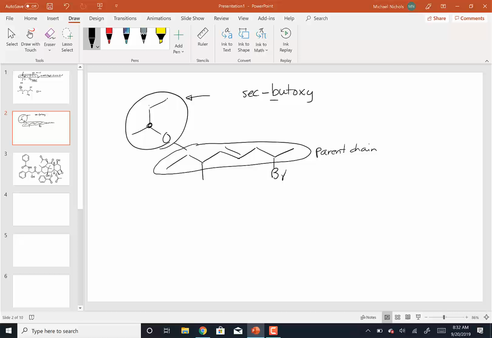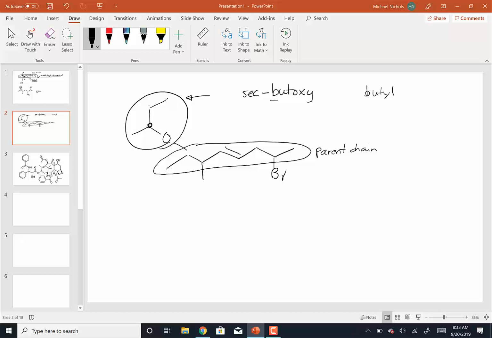So just because butoxy comes before bromine alphabetically, you number it in that direction? No, we haven't numbered yet. And actually bromo would come before butoxy. Oh, okay. What about butoxy versus butyl?